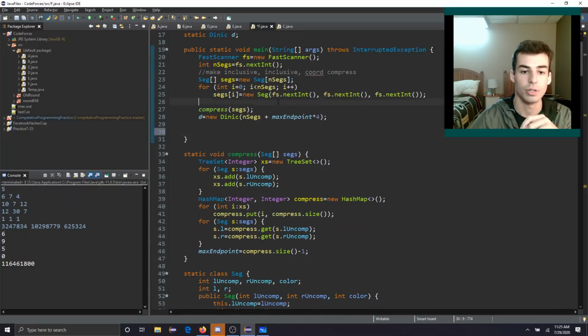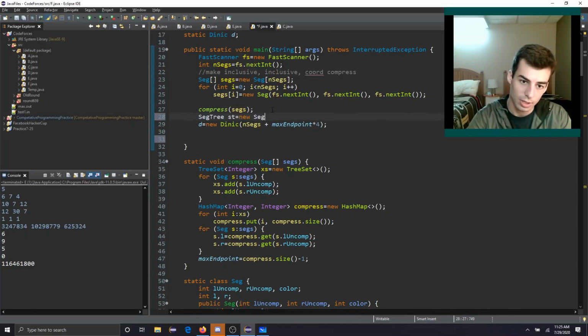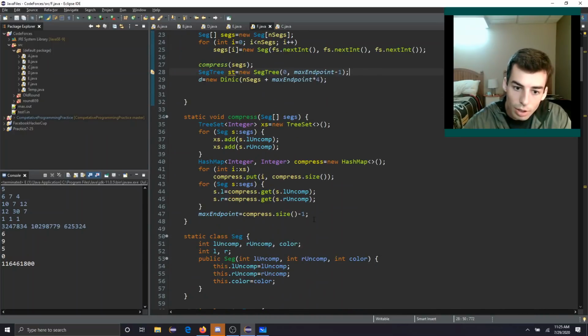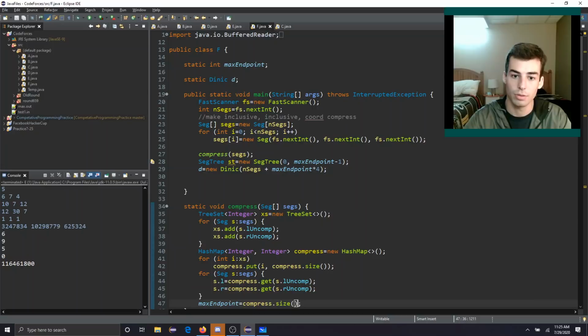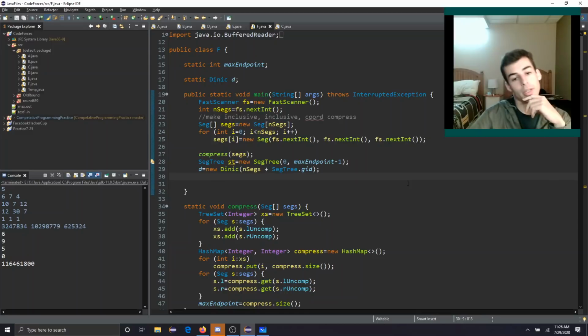Oh, we can just build the seg tree first. Seg tree st will do seg tree from 0 to max endpoint minus 1. Nope. Let's just do this. Okay, 0 to max endpoint minus 1. So now, and segs plus gid or segtree.gid. Okay, so we have our Dinic.